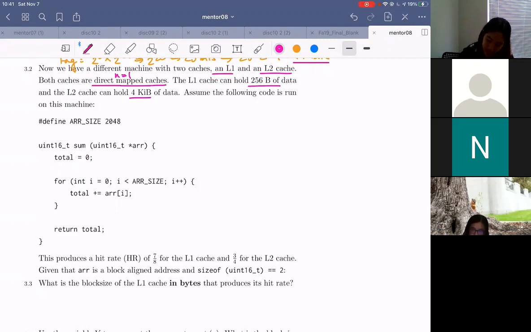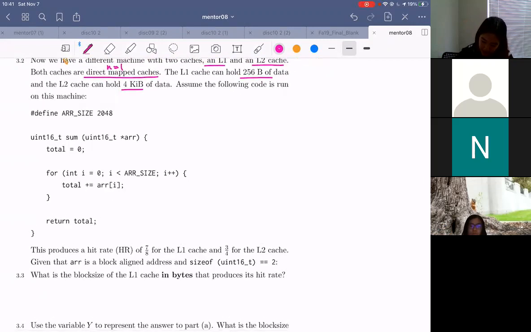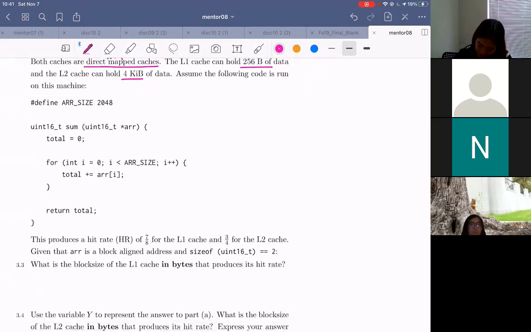Okay, so we assume the following code is run on this machine. This produces a hit rate of 7 out of 8 for the L1 cache, which means 7 hits in 8 accesses in L1. And for L2, thinking about it similarly, it's 6 hits per 8 accesses.